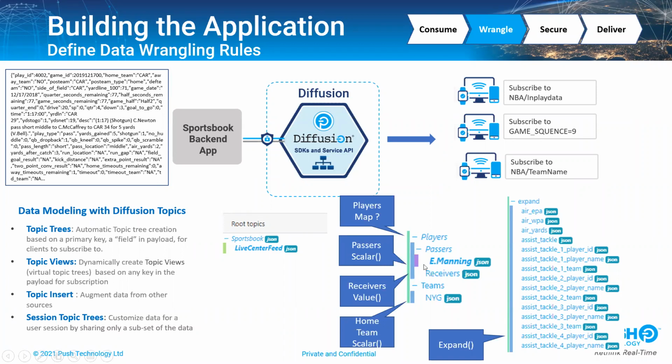And so in this case, we have the ability to dynamically, and that's critical here, dynamically create these topics for what your customers, for what sportsbook customers are interested in receiving data about. Eli Manning, etc.